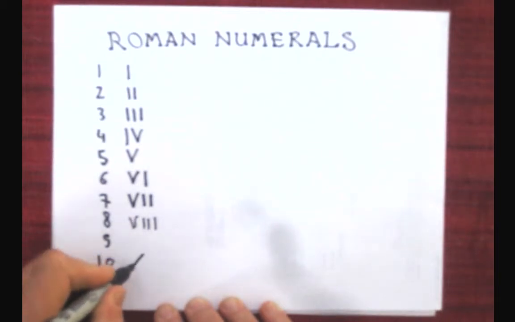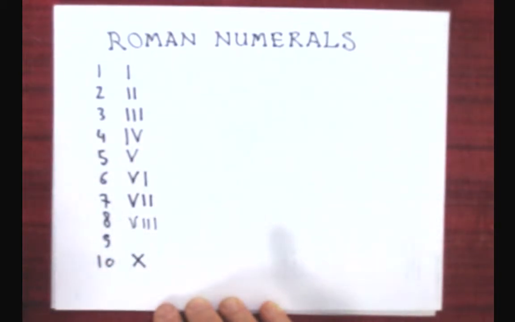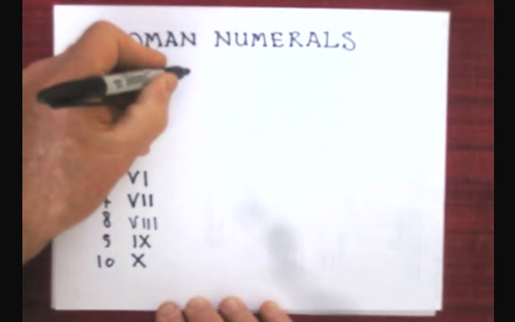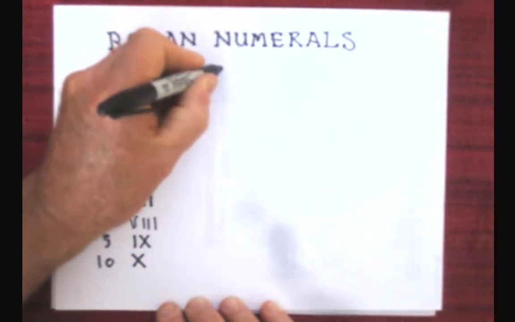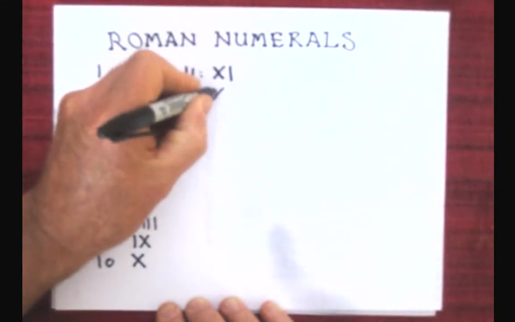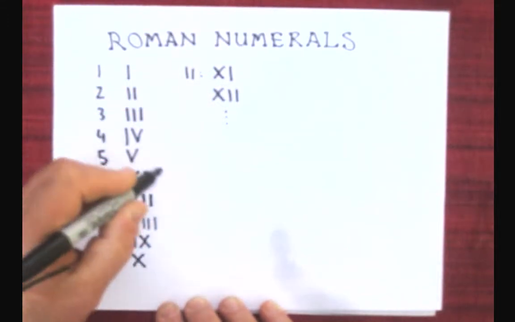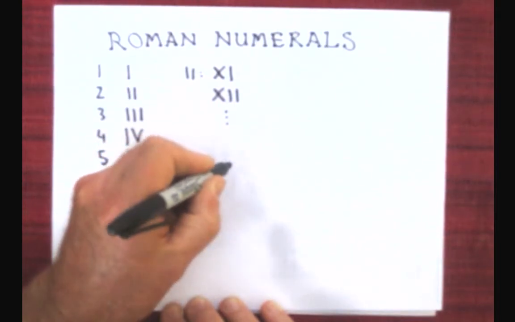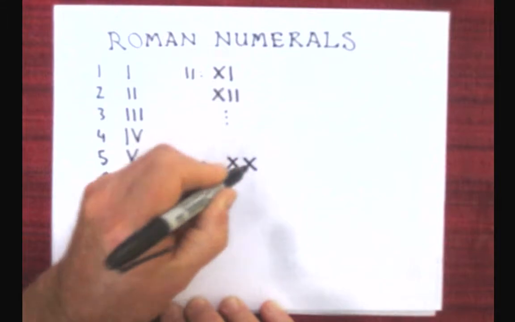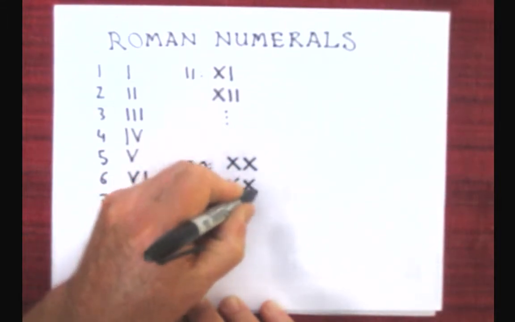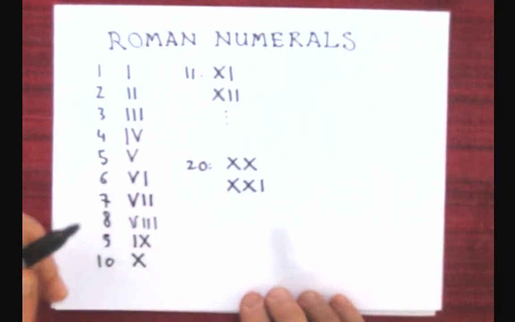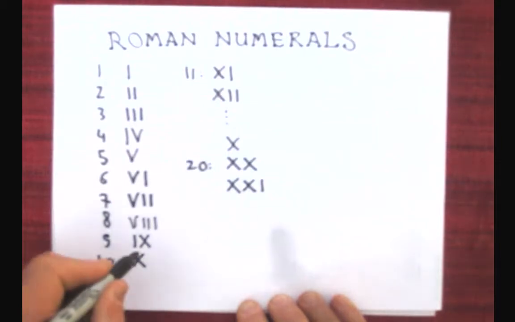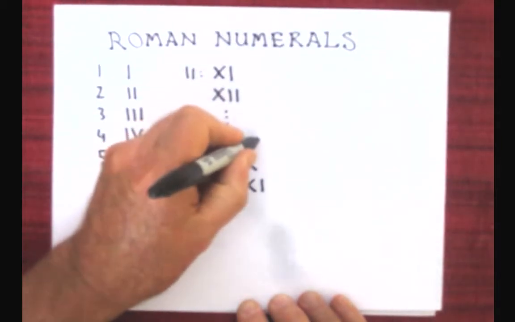Let's make up a new one. 10 is X. And how would you write 9? 9 is 10 minus 1. 11 is 10 plus 1, 10 plus 2 is 12, etc., etc. 20, let's write 20, is 2 times 10, XX. 21, XX plus 1. How about 19? 19, remember we start with 10 plus 9. How do we write 9? 10 minus 1, so here's 19.